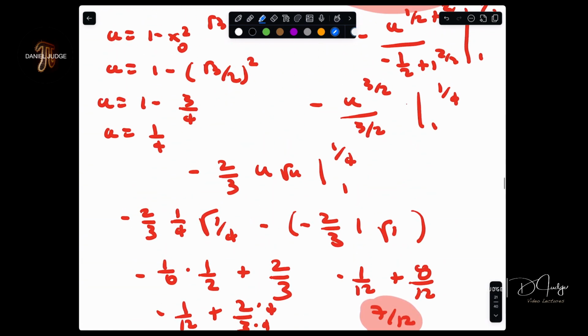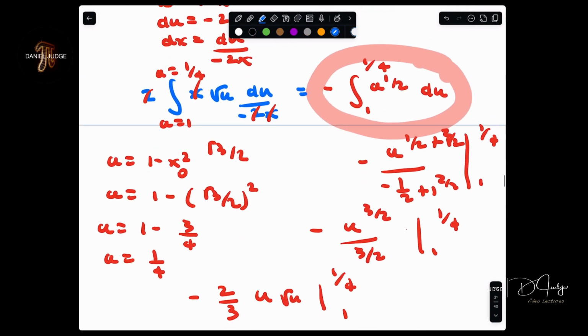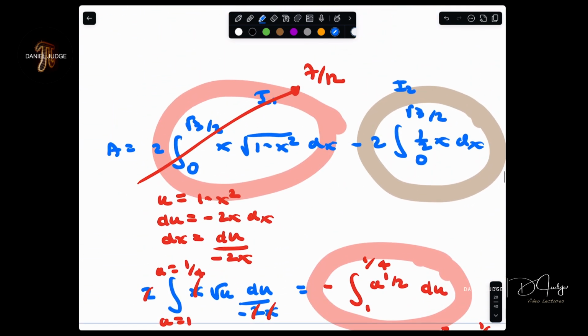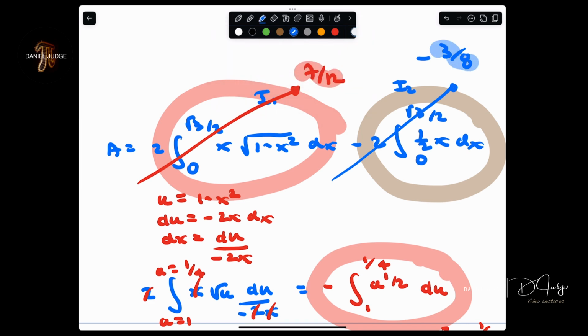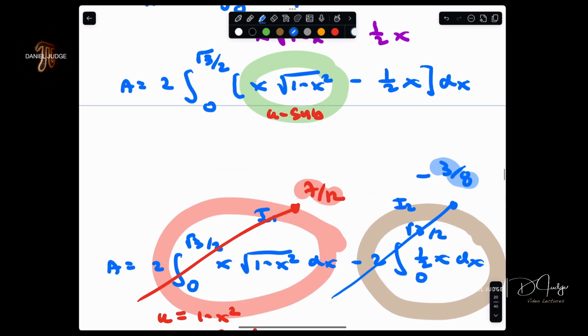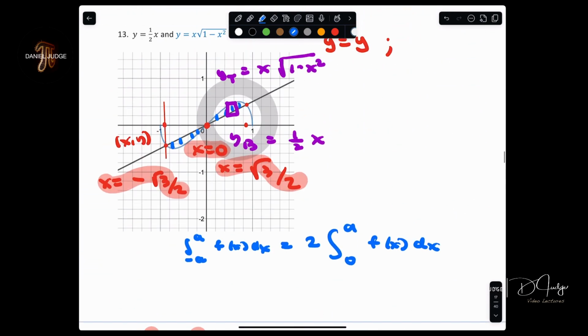So, doing some more arithmetic. Negative 3/8, yeah, right up here. Let's keep track of these things. So 7/12 minus 3/8.